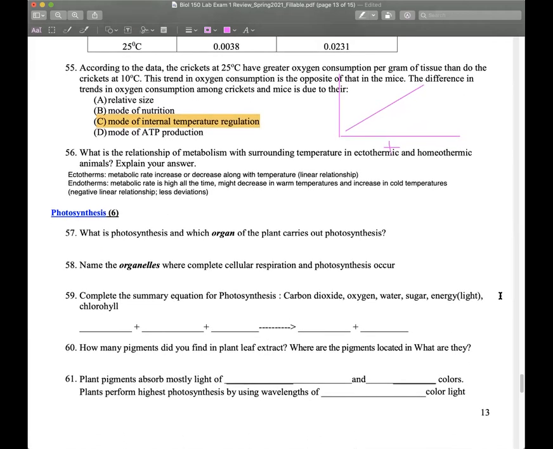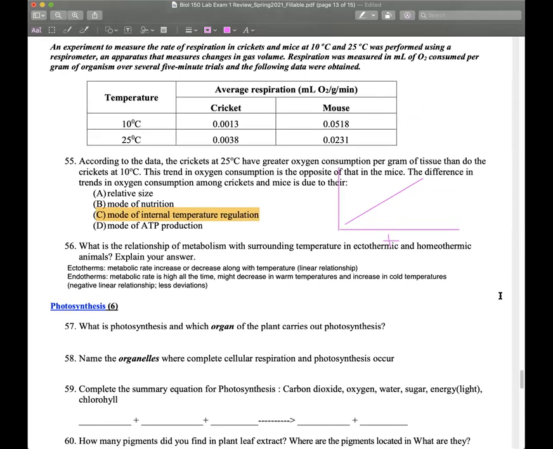Okay. Yeah, so there are some questions on the lab exam about the difference between ectotherms and endotherms. Probably at least one of these questions where you have to interpret the data that's given to you and explain why there's a difference. So just make sure you understand that core difference between ectotherms and endotherms.